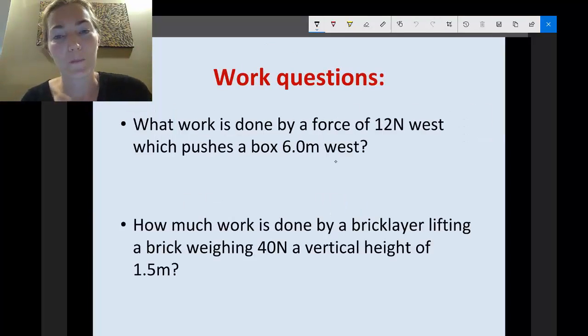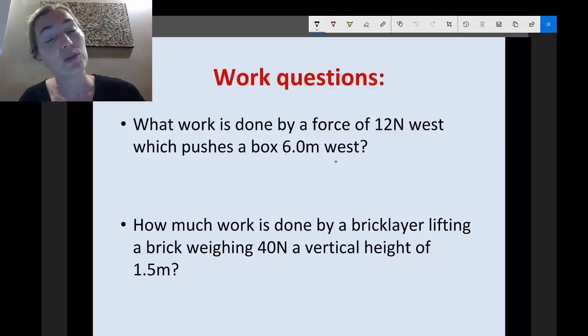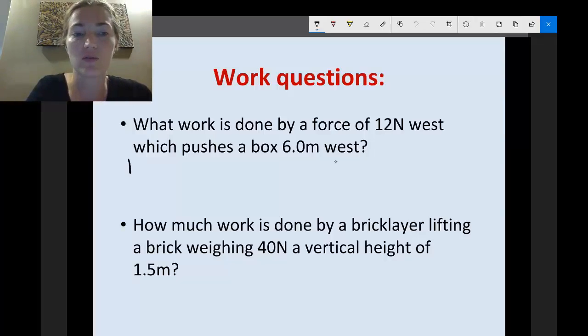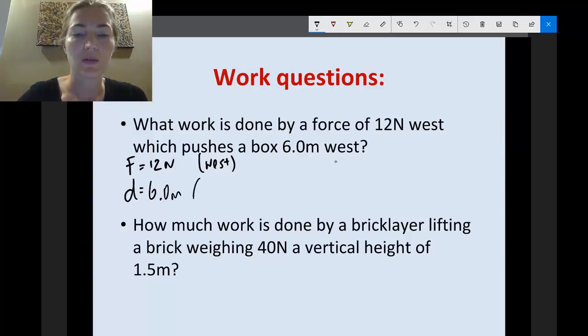We've got work done, or we're trying to find the work done by a force, 12 newtons west, pushing a box 6 meters west. So let's write down our givens. So the force is 12 newtons west, and the box is pushed a displacement, we're going to use little d for this one, 6 meters, also west.